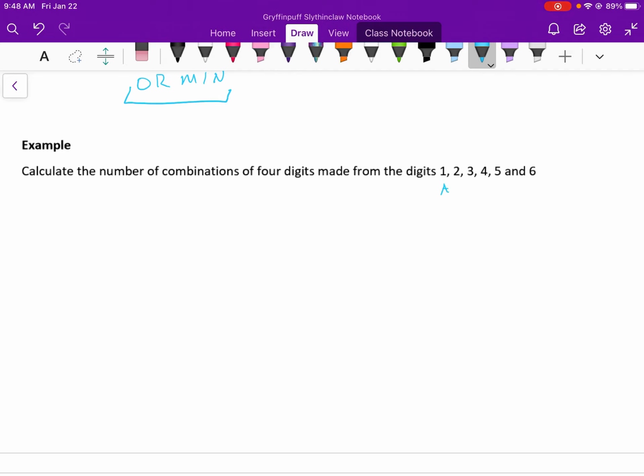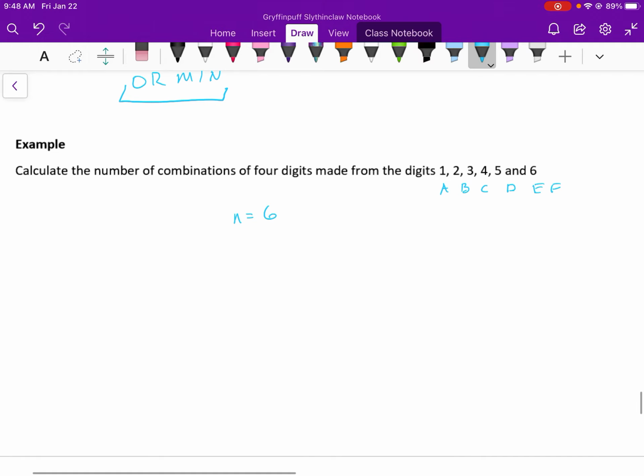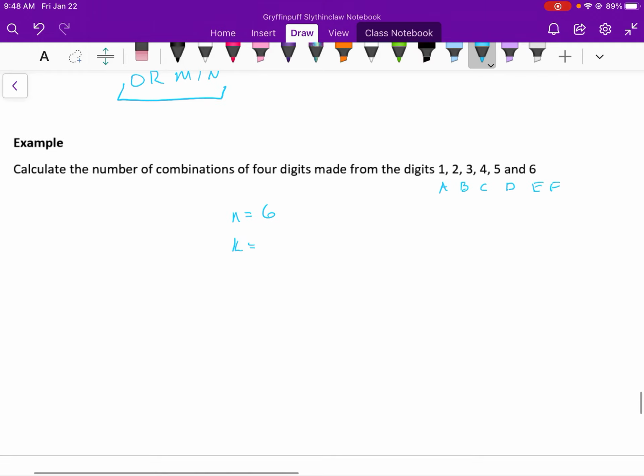For all we know, we could call these A, B, C, D, E, and F. They are just objects, so we are going to figure out combinations of these. And how many are we selecting? 4. So n, we have a total of 6 in our larger set, and we have a total of 4 in our subset that we're collecting. So this would be 6 choose 4.